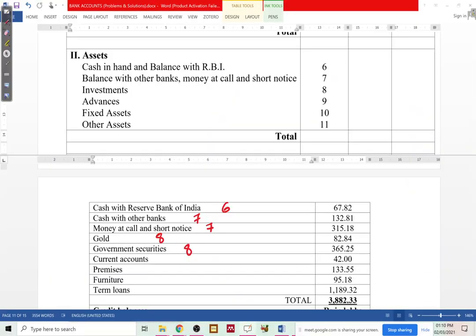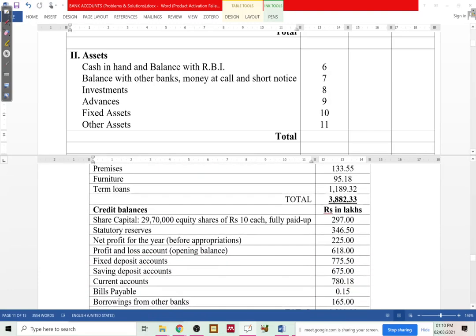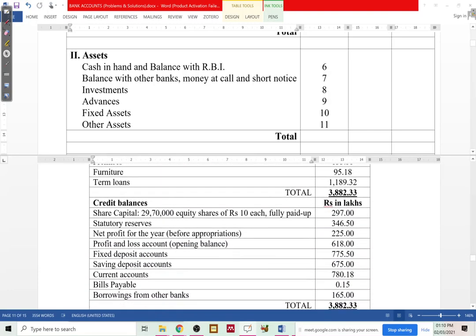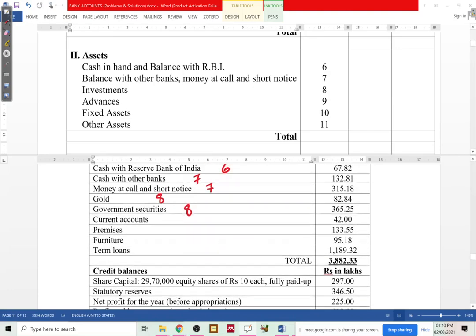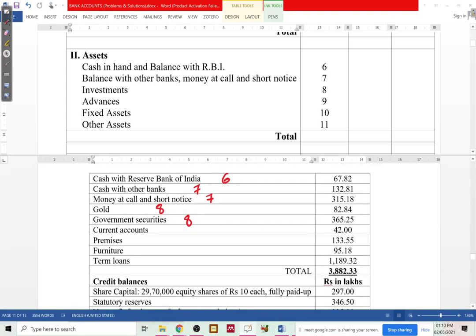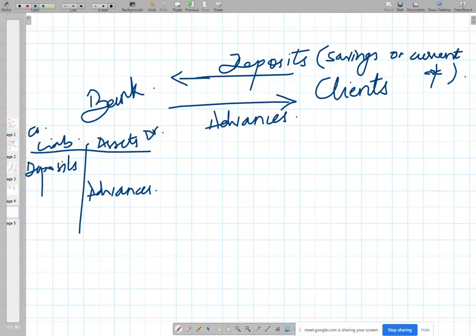Why is it put under debit balances? Can anyone tell me that? If you look at the problem, you also have current accounts with a credit balance again, right. So, technically speaking, this is correct because current accounts are supposed to have a credit balance. They are a liability, but there is this current account with 42,000 rupees as a debit balance. Why is that?